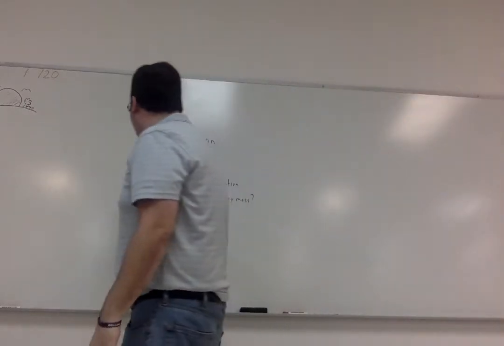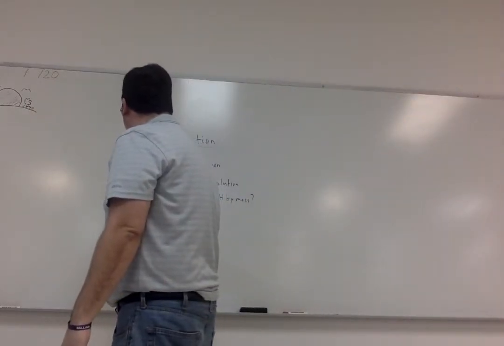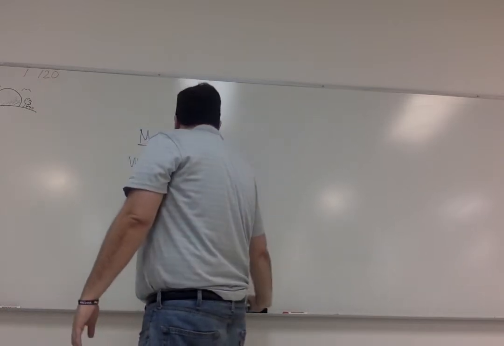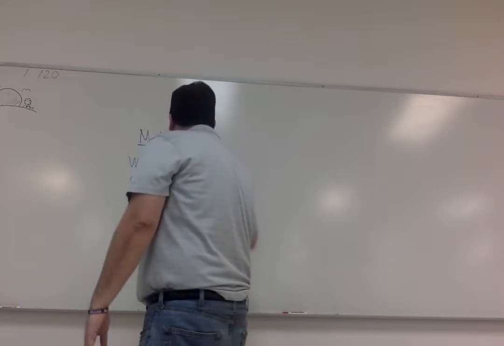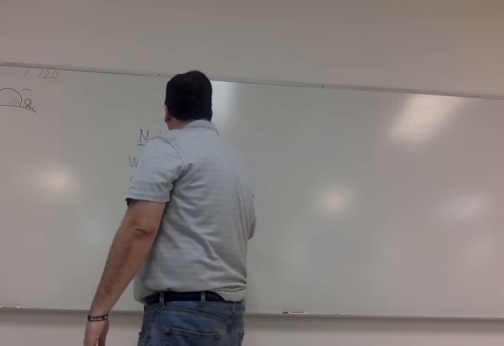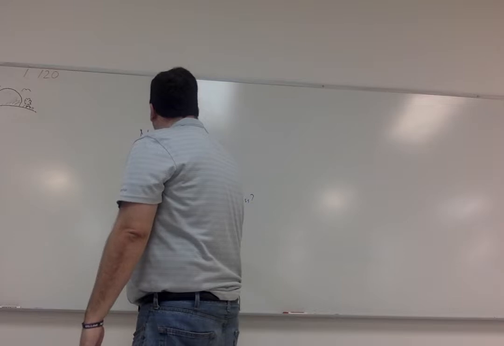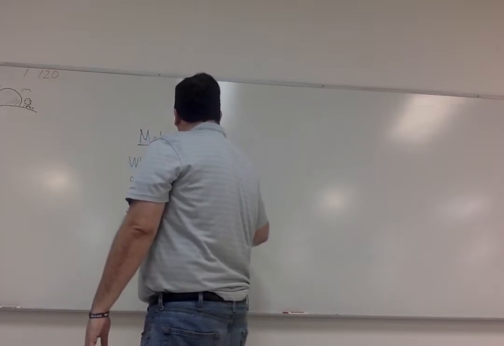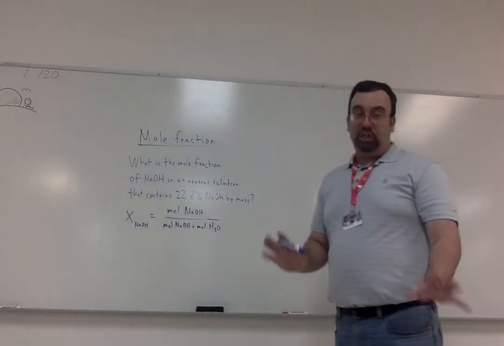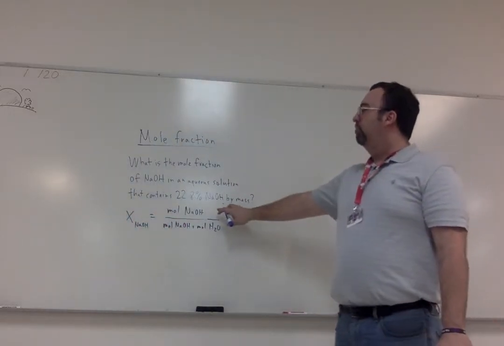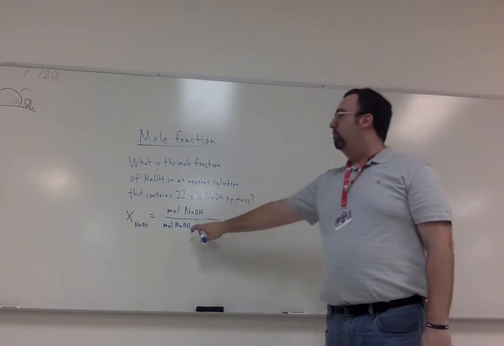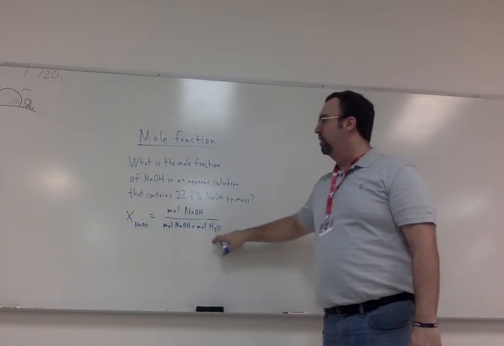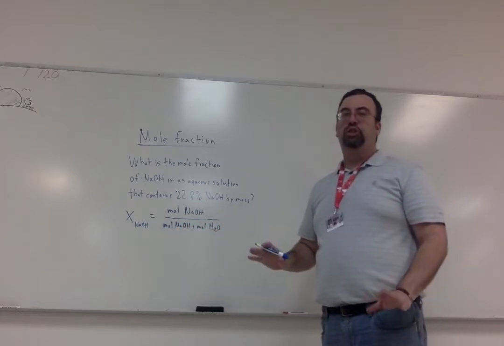X of NaOH is going to be the moles of NaOH over moles NaOH plus moles water. Remember, just like with mass percentage, we have the mole of what we're interested in on top, and then we have the mole of the sodium hydroxide plus the mole of the water on the bottom. So again, this would represent the total moles in this solution.